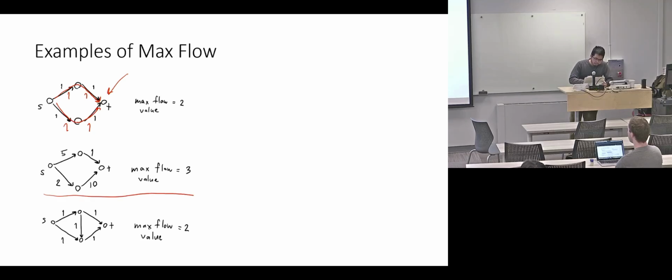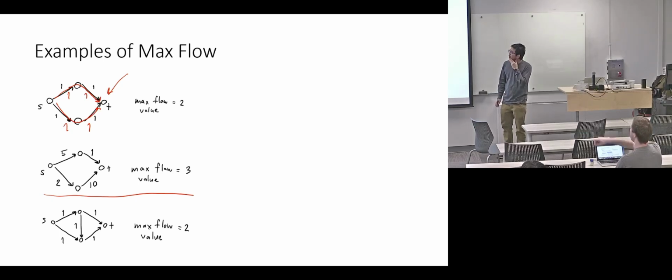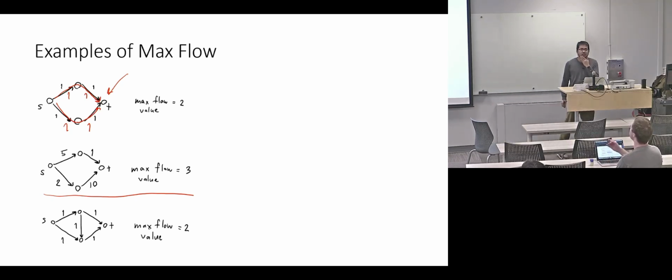And why should the max flow value of this graph be 3? Can you tell me? Student: So the top one, you can send 5 at first, but then it gets cut down to 1 on the second edge. And on the bottom one, you can send 10 second, but since you can only send 2 in the first place, it's basically the min of each edge weight on both paths.